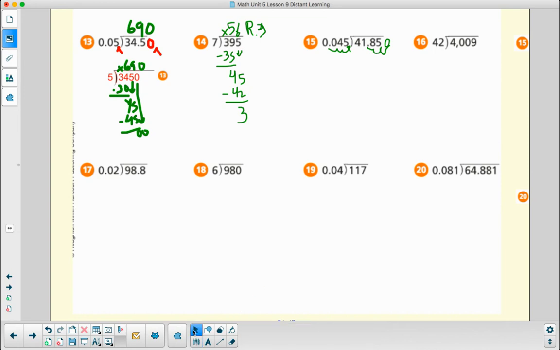So again, I'm going to rewrite that as 41,850 divided by 45. Oh, I hope I have enough room here.